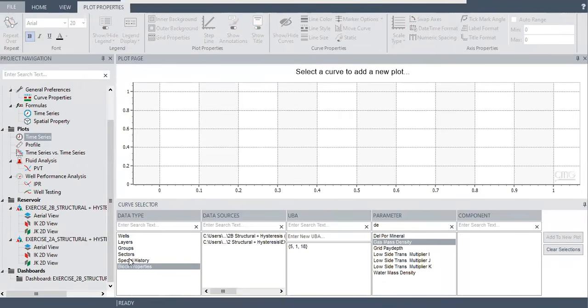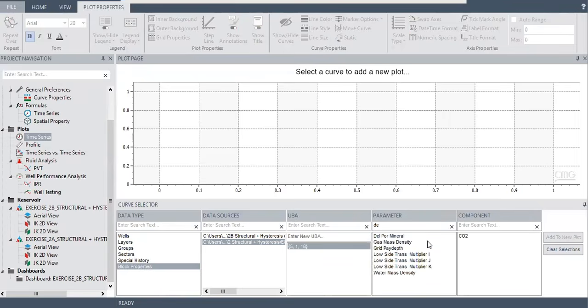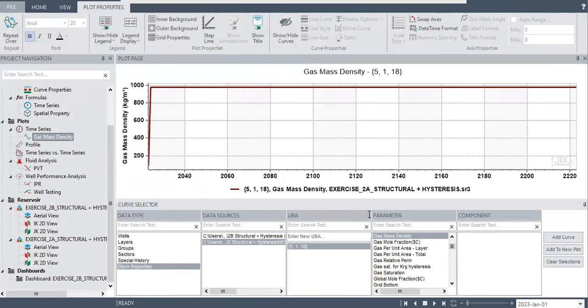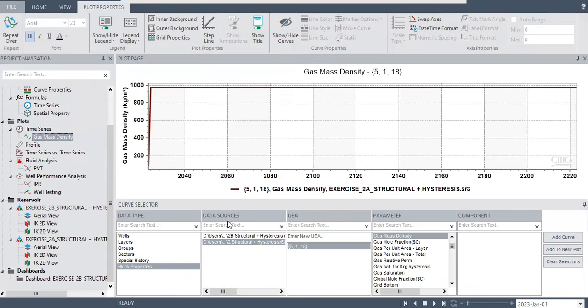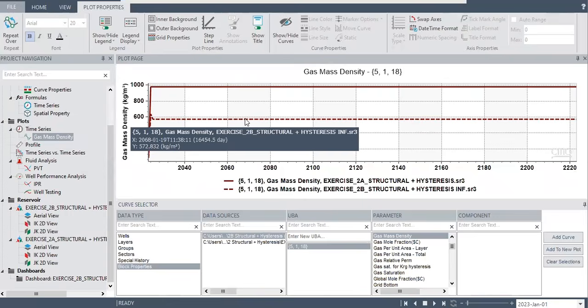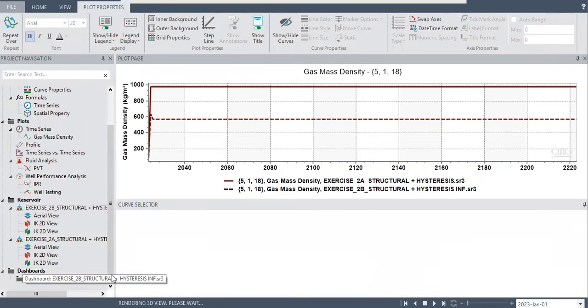Okay, so we have gas mass density inside the block properties. Okay, this one. So in the case of limited reservoir, limited aquifer, again it's 978, but with infinite, it has a lower density of 570 something. Okay, so that's what we have.